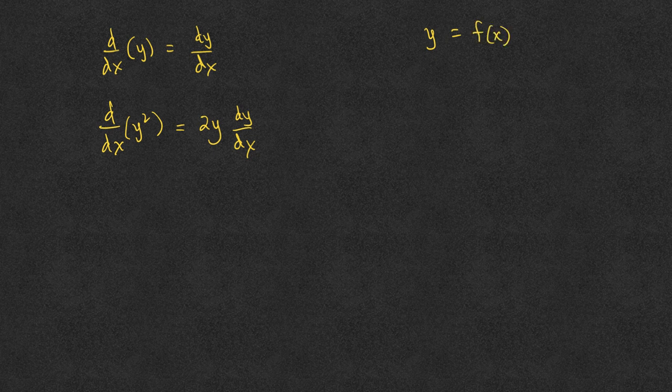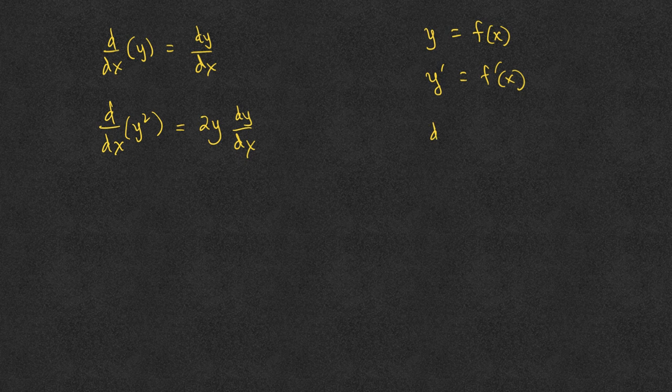And so if we were to differentiate this function, we would write y prime equals f prime of x. But by definition, this means the derivative of y is y prime. Because y is f of x, the derivative of f of x is y prime. As we can see, this is not 1.